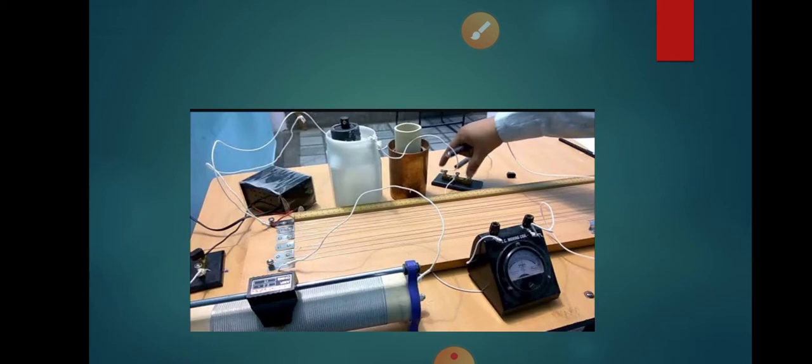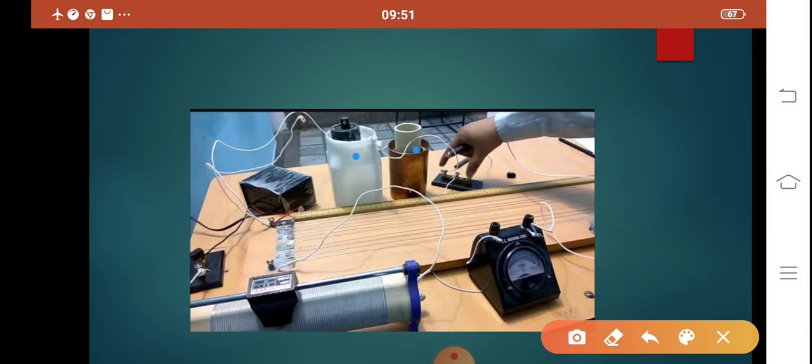See, these are the two cells and this is the two-way key, and this is the galvanometer. So when the jockey is touched near A, the galvanometer will give a deflection on the left hand side.